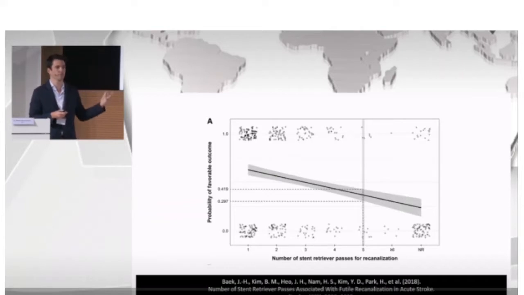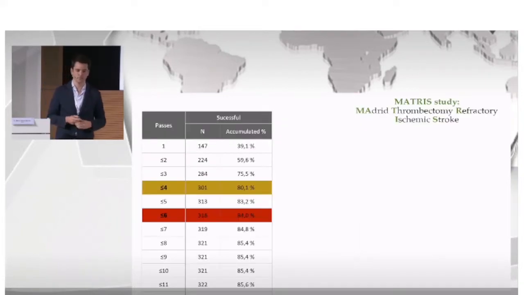It was not useful anymore. I know that we all know patients with 10, 12, 13 passes that have gone well, but this is, of course, from the statistical point of view. So after that 5th pass, giving more passes and opening the vessel was not useful anymore.